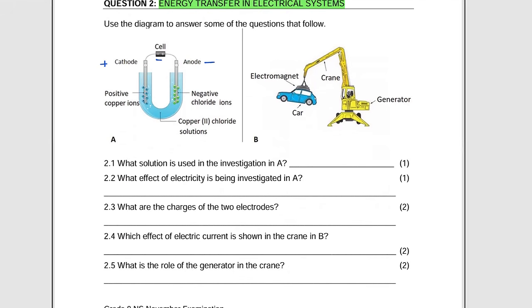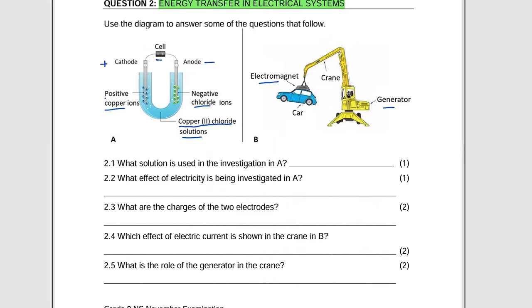So now you can see here we're having negative chloride ions, and on this other side positive copper ions. Then here as a solution, or an electrolyte, we're having a copper 2 chloride solution. Then on diagram B, we are going to have an electromagnet and then a car, a crane, and the generator there.